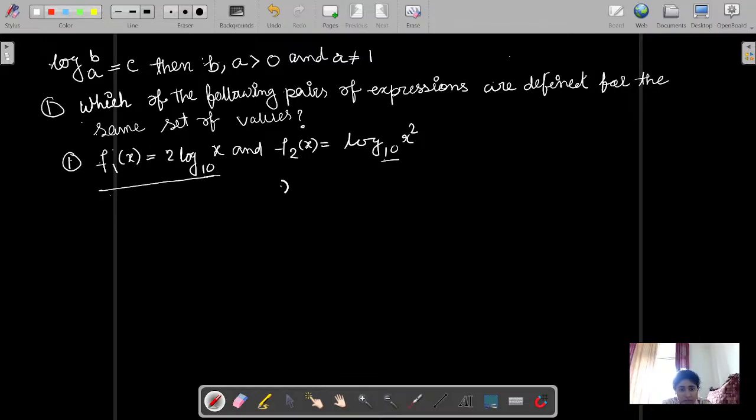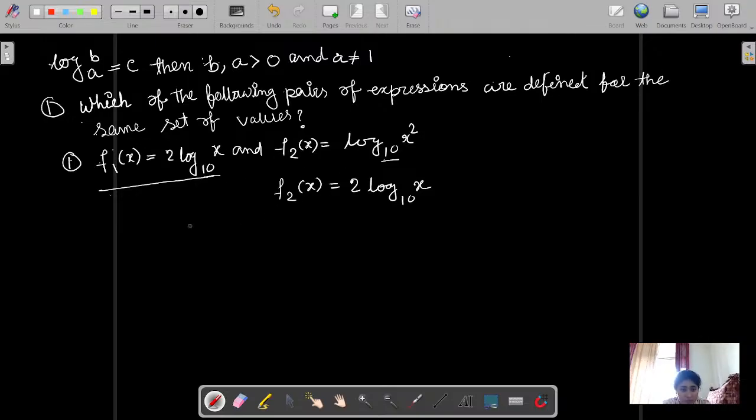But for the second function, f2(x), this is x square, right? This x is in power. So what I can do, I can write this power in front of log, like I can write 2 log base 10 of x. Okay. So now these two functions look like the same function.